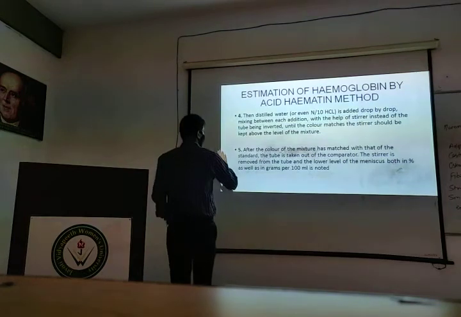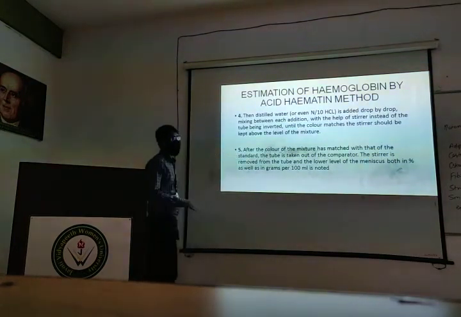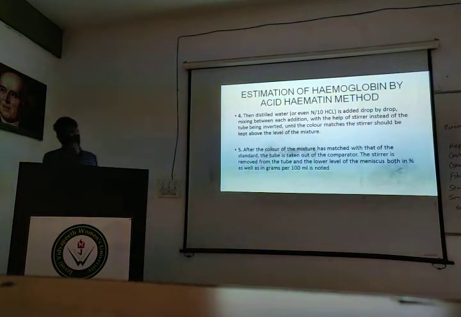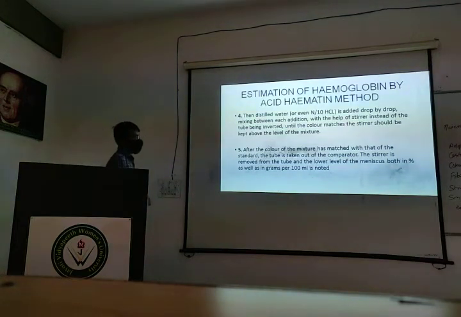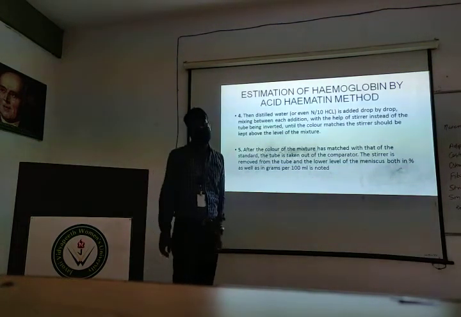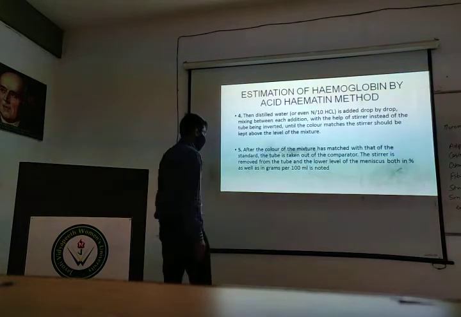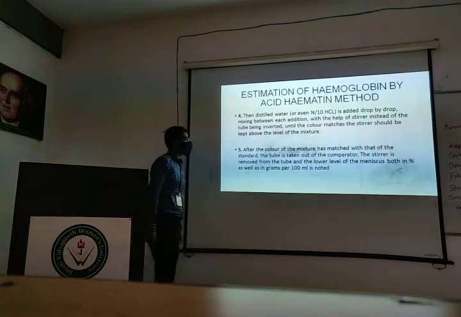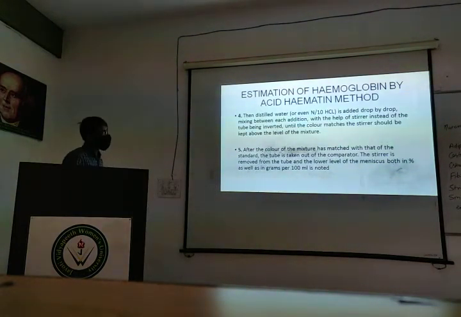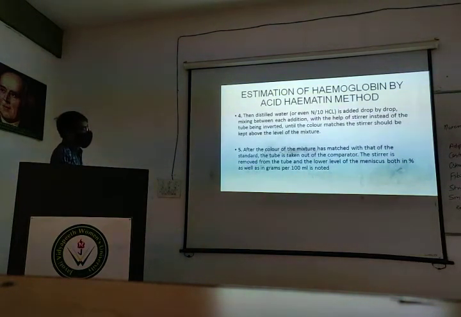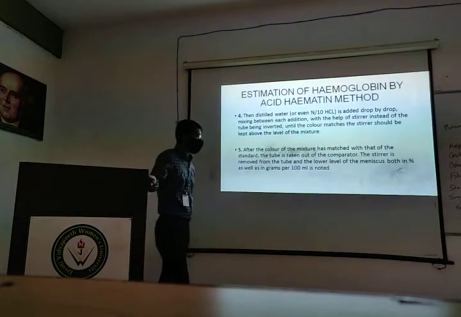Whenever the color of both is matched, the hemoglobin concentration can be noted and finally described as hemoglobin gram percent, hemoglobin in gram per deciliter or milligram per deciliter. After the color of the mixture has matched that of the standard, the tube is taken out of the comparator.